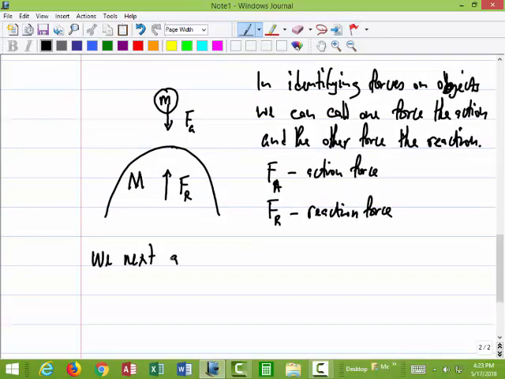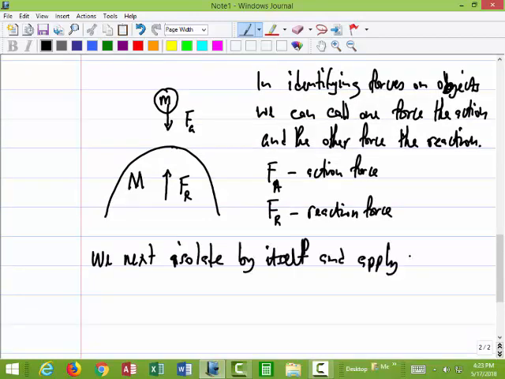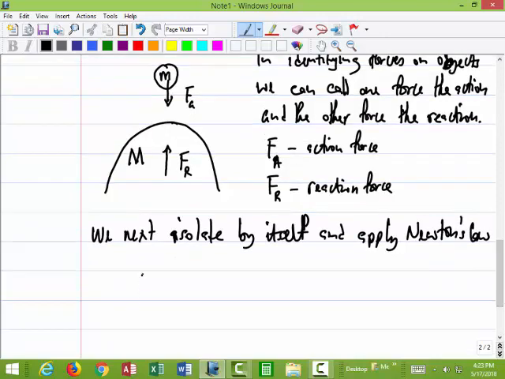So we next isolate each object by itself and apply Newton's second law. We take the first object, the smaller object falling close to the earth. It has a mass lowercase m, and it has a force F subscript A as it falls close to the earth.